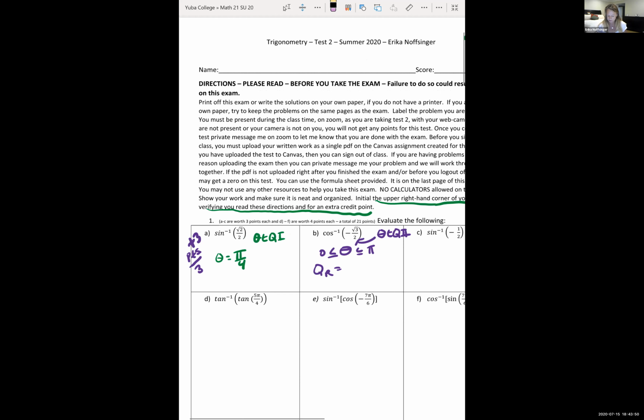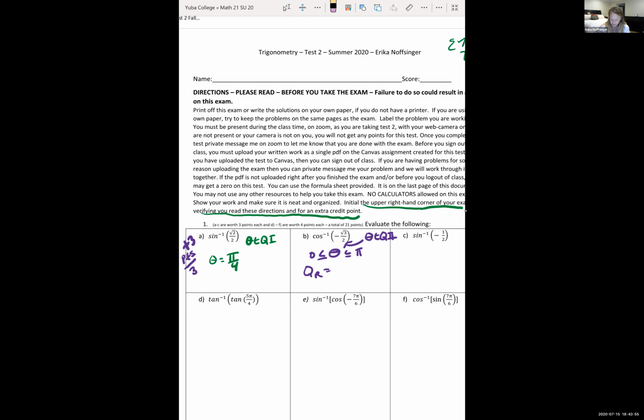It didn't say anything about radians in here, so you could have done 30 degrees or pi 6. Depending on that reference angle, theta getting us into quadrant 2, well, 180 minus 30, so your answer could have been either 150 degrees or pi minus pi 6. So 6 pi 6 minus 1 pi 6 is 5 pi 6.